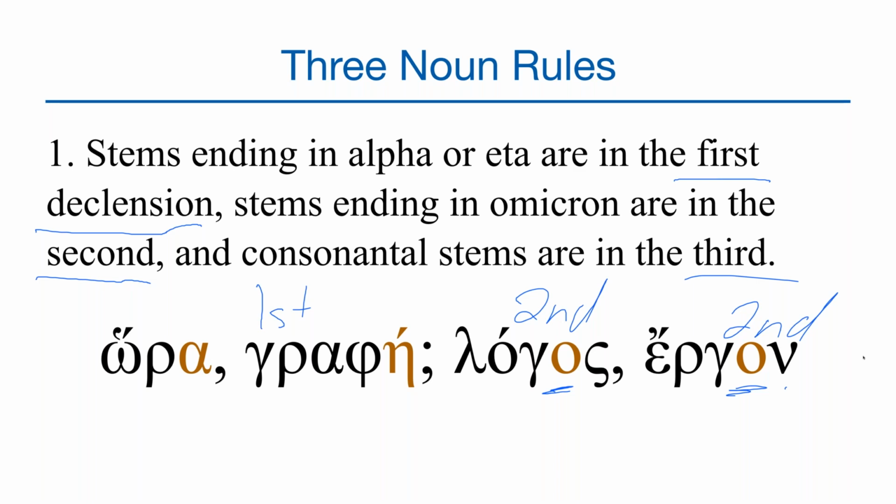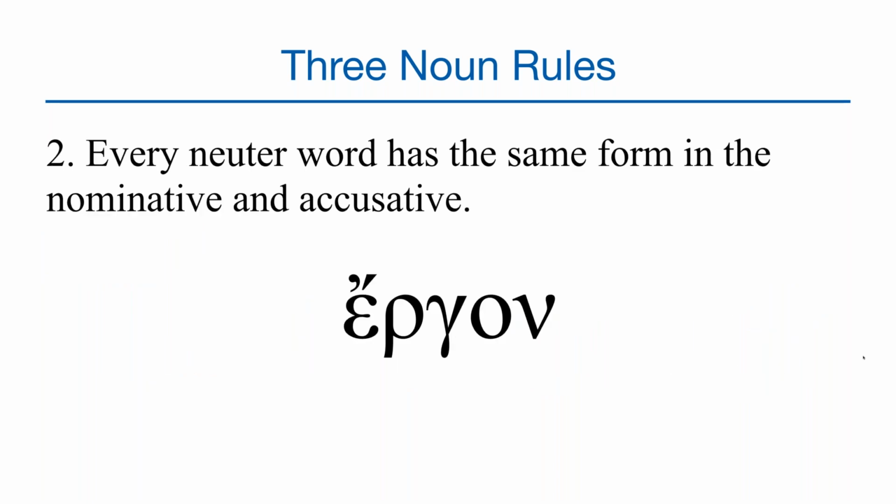All right. Rule 2. Every neuter word has the same form in the nominative and the accusative. This is what I was showing you earlier. Every neuter word, whether first declension, second declension or third declension. So second declension and third declension, if it is neuter, they have the same nominative and accusative.